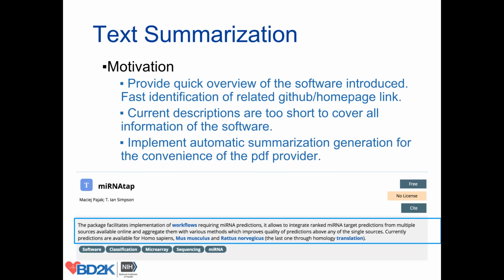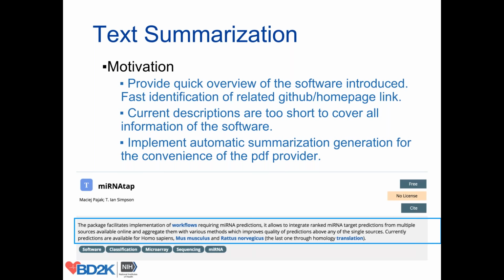The reason why we are implementing this feature is that text summarization can provide a quick overview of the software introduced in this paper. It can also help quickly identify the related GitHub or homepage link. Also, current descriptions are too short and unable to cover enough information about the software.